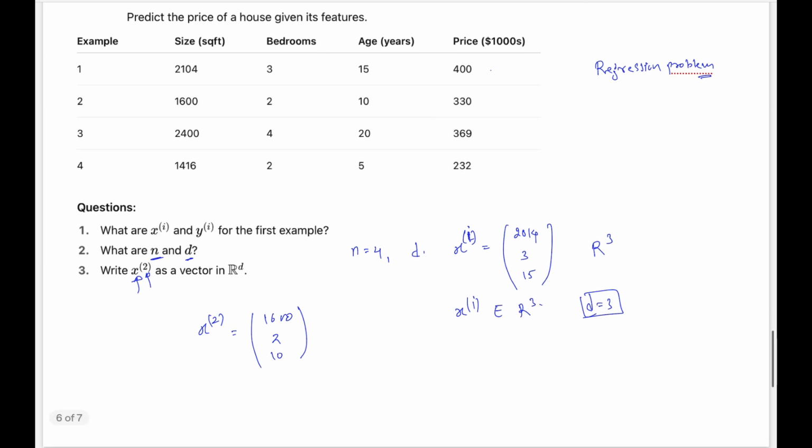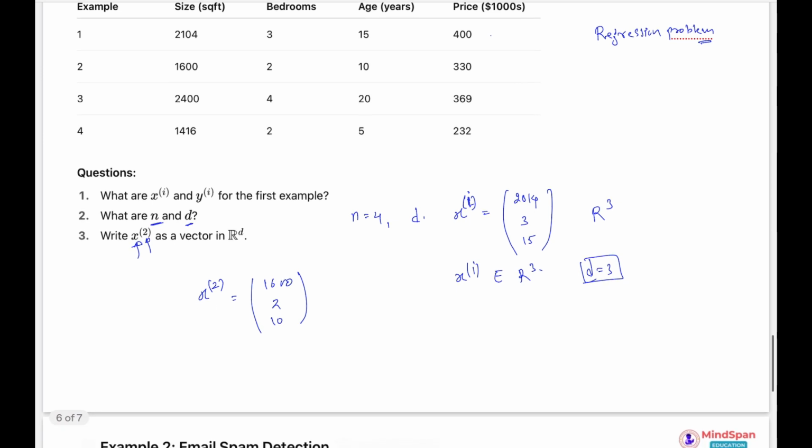Now let me give you one more terminology, the training matrix. What you do is put all of these input vectors as rows of the training matrix.